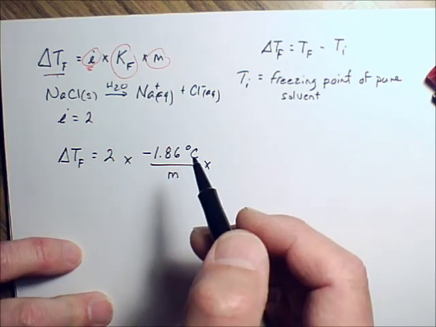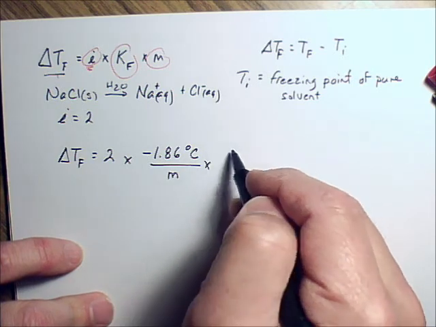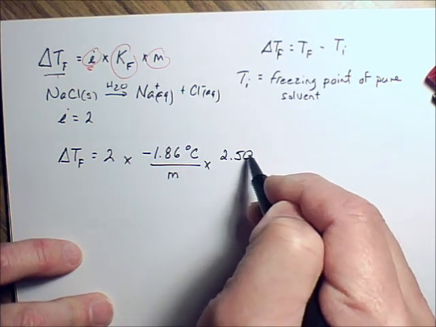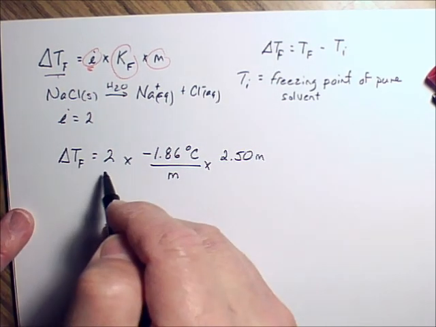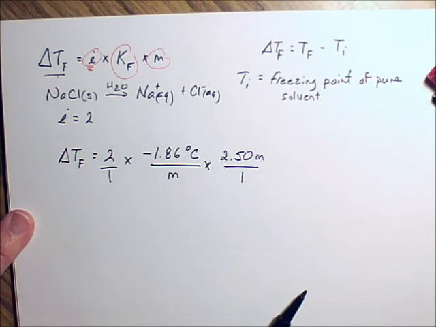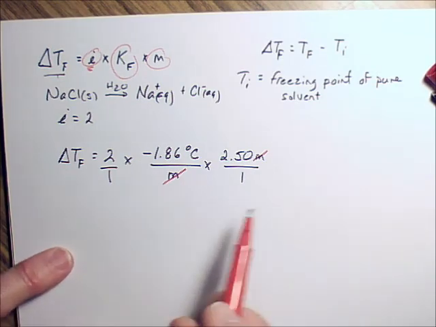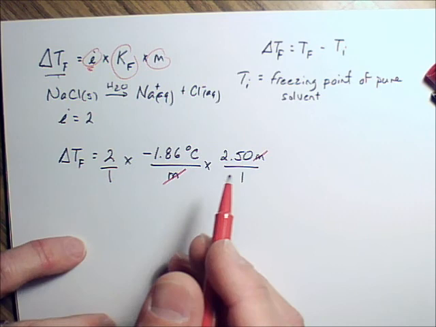Okay, and I gave you that in the problem yesterday as 2.50 mole. So we just simply put these numbers here over 1, cancel the concentration unit that's the same on the top and bottom, and we're left with degrees C. And when I'm looking for temperature, degrees C works, doesn't it?